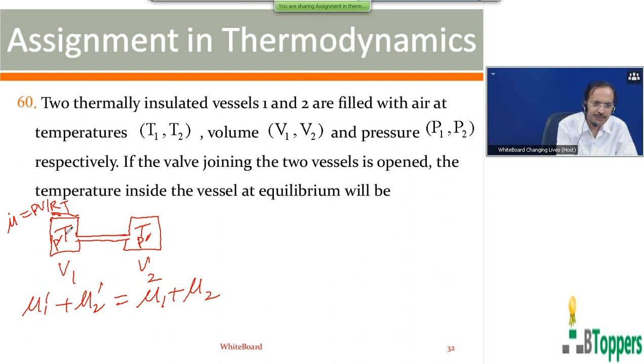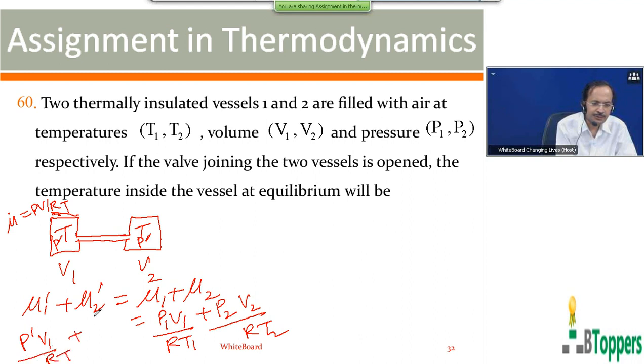So initial number of moles in the first vessel can be written as P1 V1 by RT1. Initial number of moles in the second vessel can be written as P2 V2 by RT2. Final number of moles in the first vessel can be written as P dash into V1 by RT. For the second vessel, you can write P dash into V2 by RT.